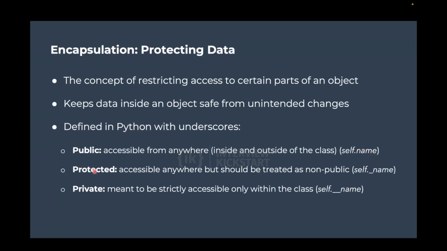So we also have protected attributes and methods, which are also accessible anywhere, but should be treated as non-public, right? So you can still access the protected attributes and protected methods, but it's not recommended.